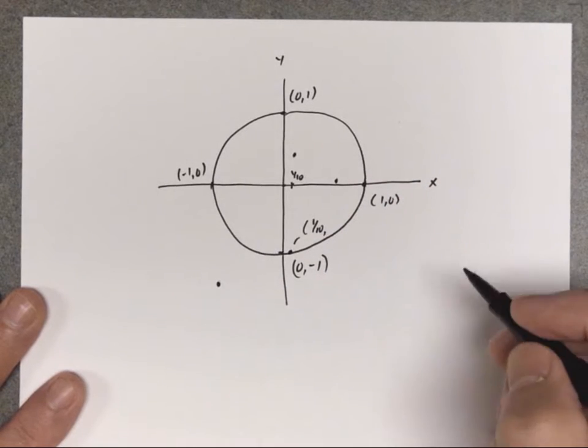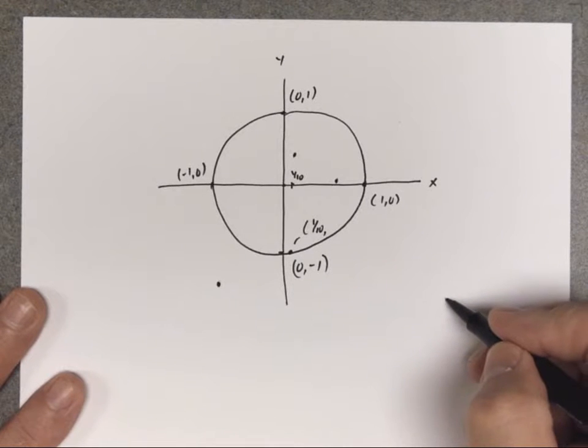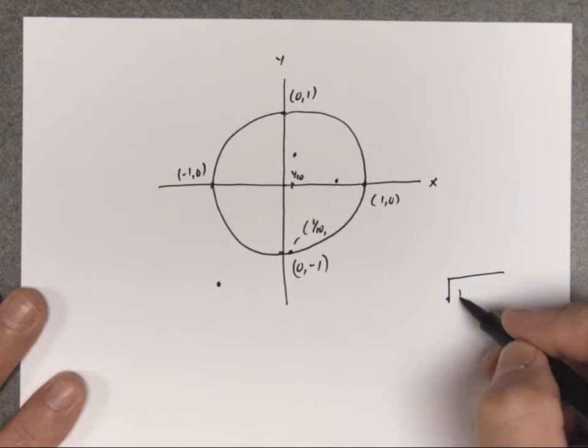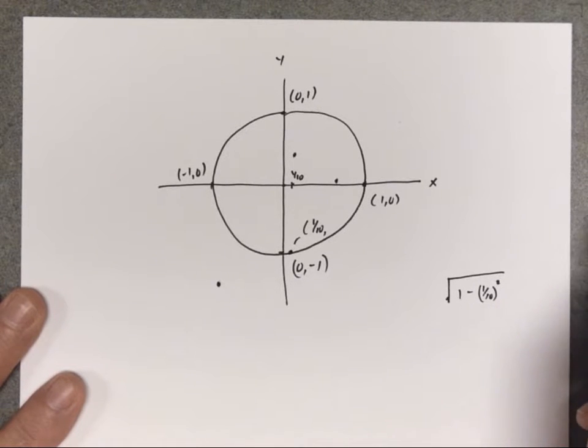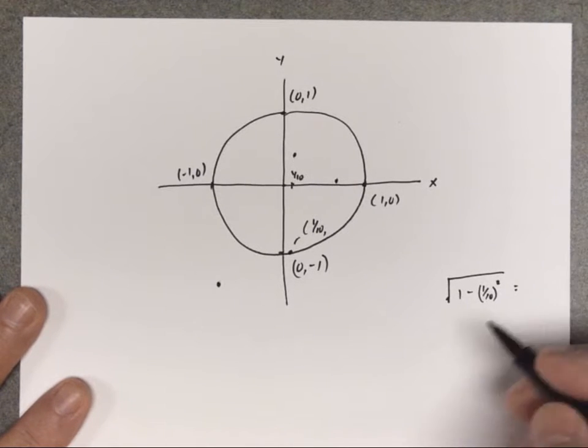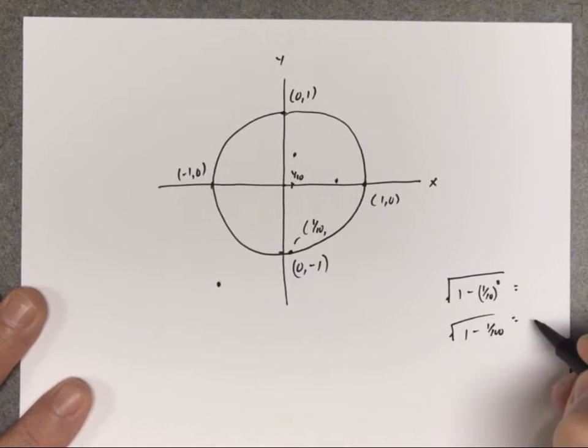Now I'm going to do my little calculation once again to figure out the y. You won't have to do this in the homework, but this is going to be a little bit crazy, because it's going to be 1 minus 1 over 100.